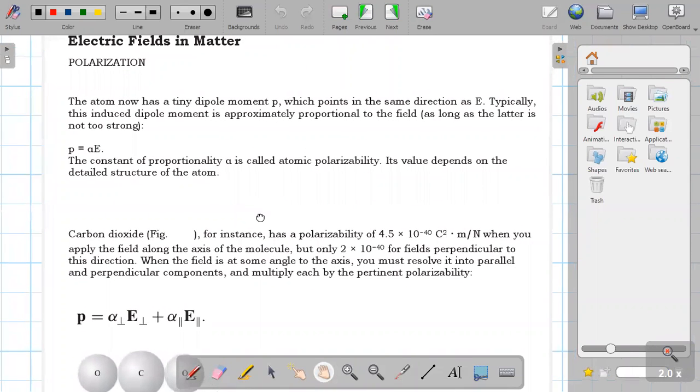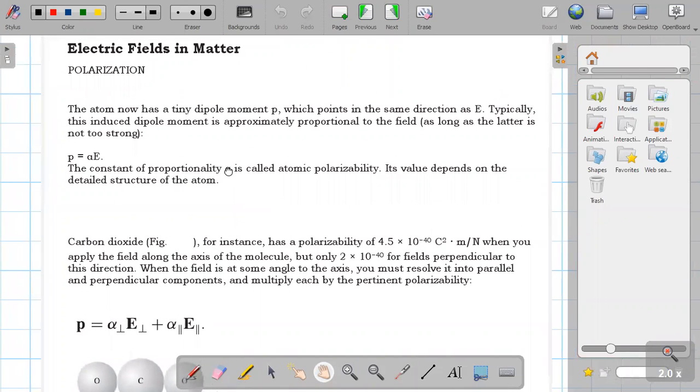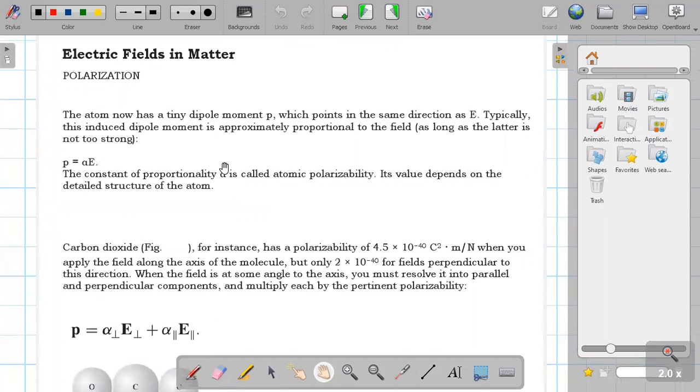Now, dear students, dipole moment is denoted by P. See, this is the P. Dipole moment P is directly proportional to the field.